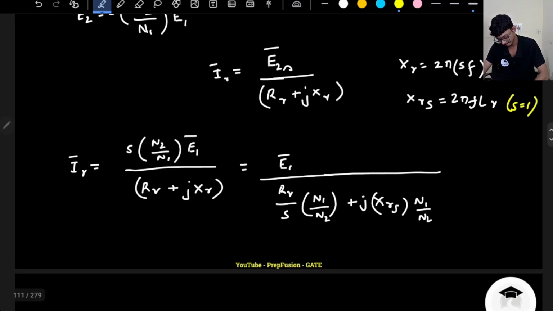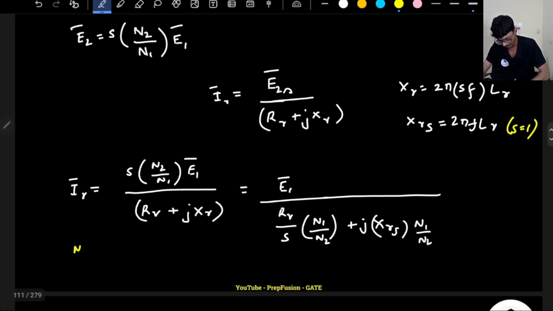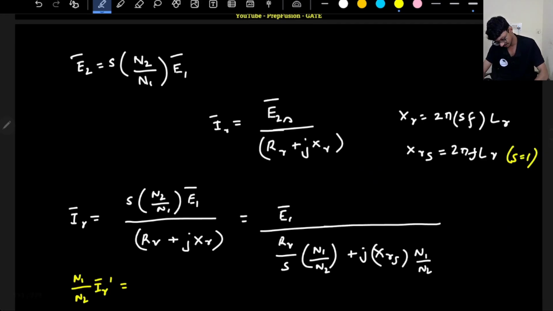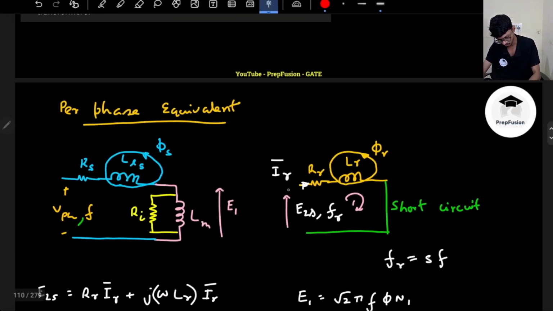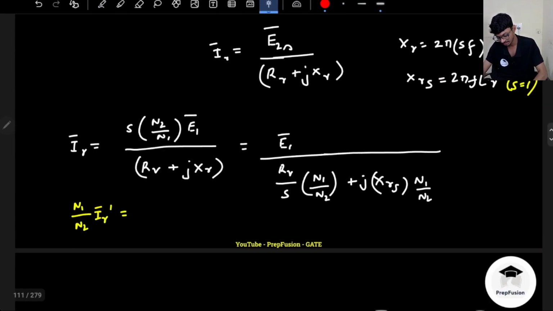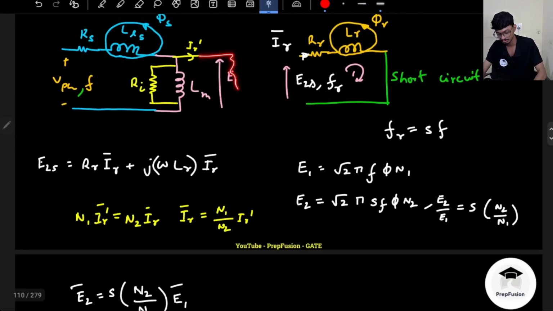So I can write here N1 into N2 into IR dash equals to, basically, I want to connect these 2 points here. If I connect these 2 points, some IR dash current is going. So ultimately I am trying to write what impedance will come here.